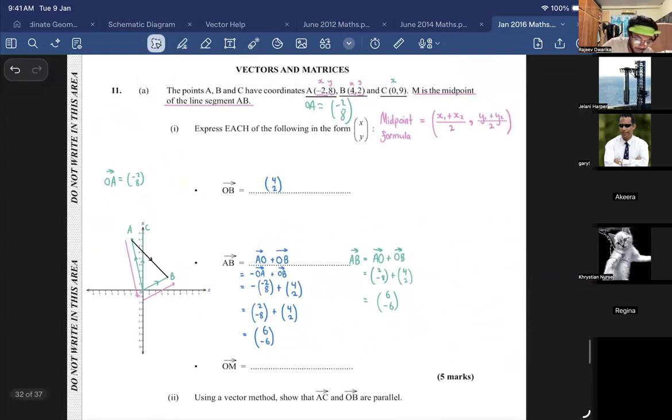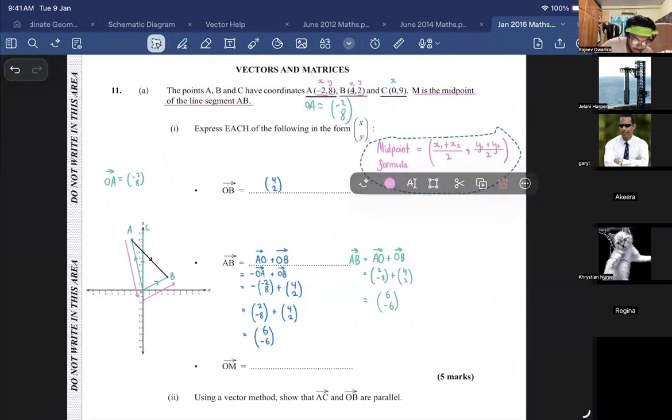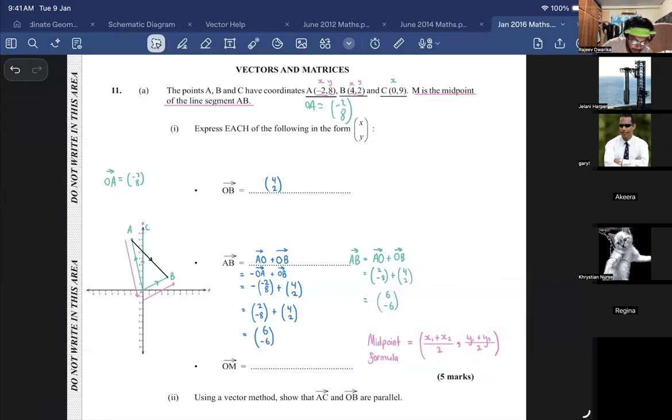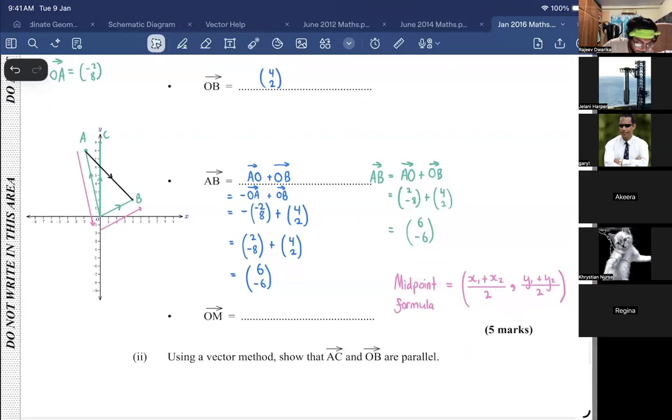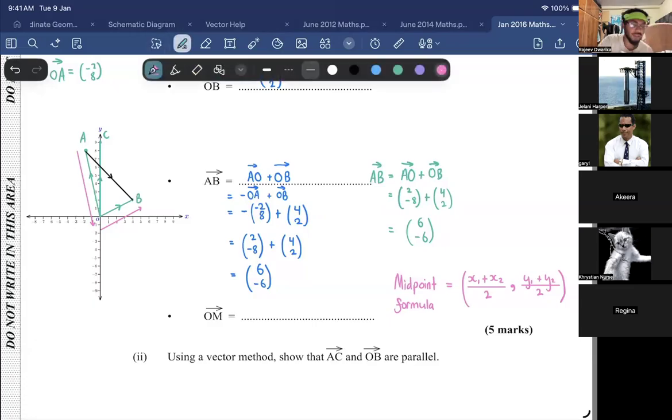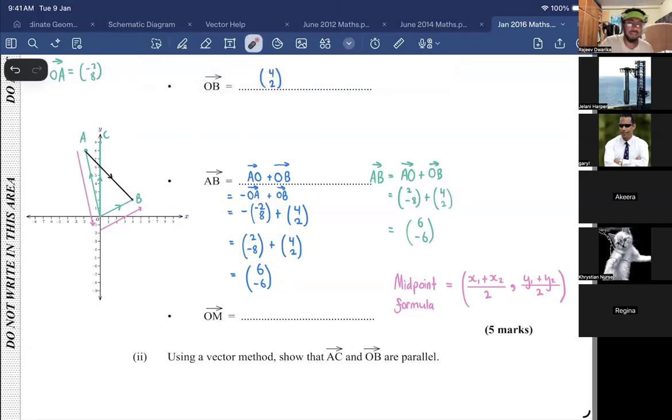Again, this is the midpoint formula, guys. How am I going to apply the midpoint formula here? Could anybody tell me what are the 2 points I'm going to use to find the midpoint? A and B. Everybody, we want to find the midpoint between what 2 points?